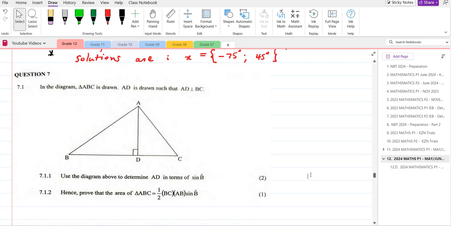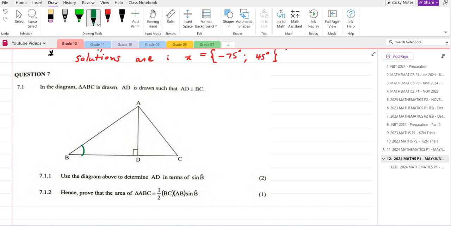In the diagram, triangle ABC is drawn. AD is drawn such that AD is perpendicular to BC. So all the information here is given. It's a right angle triangle. Use the diagram above to determine AD in terms of sine B. So now if I ask you what is sine B, using AD, sine B is opposite over hypotenuse.